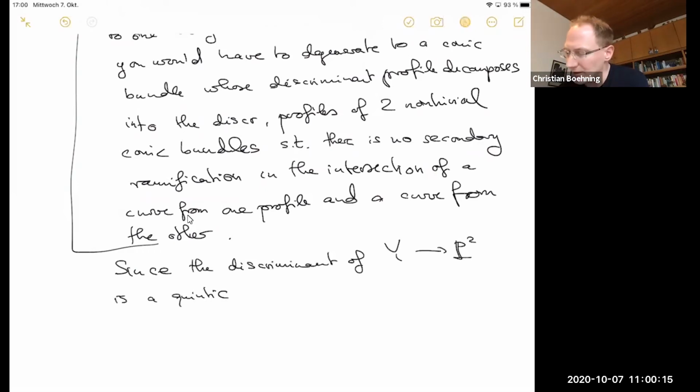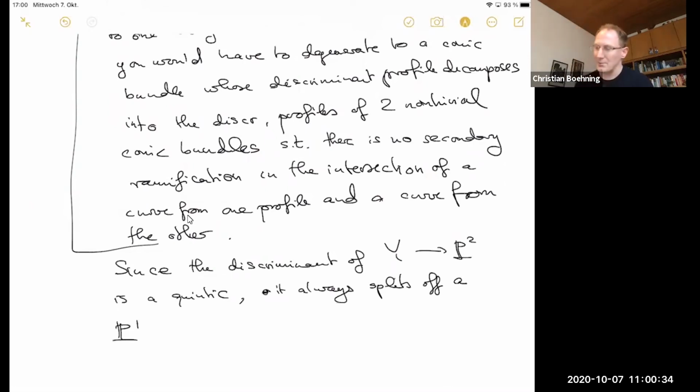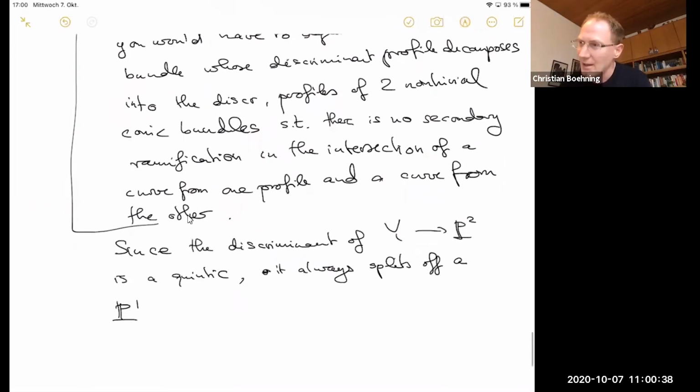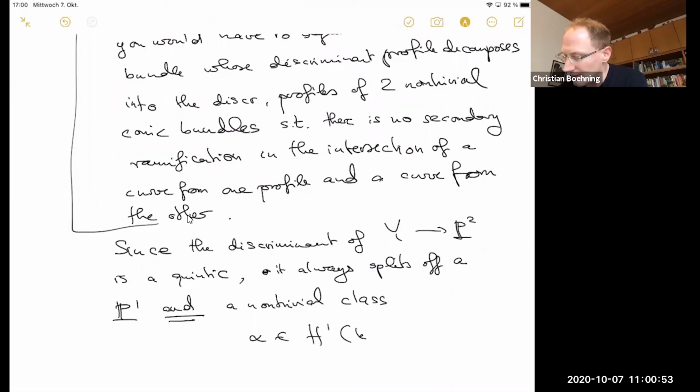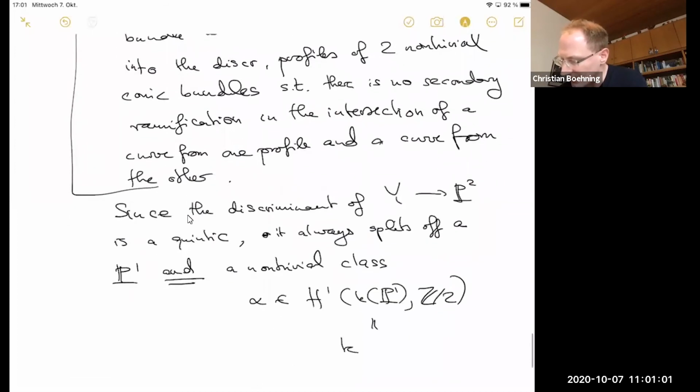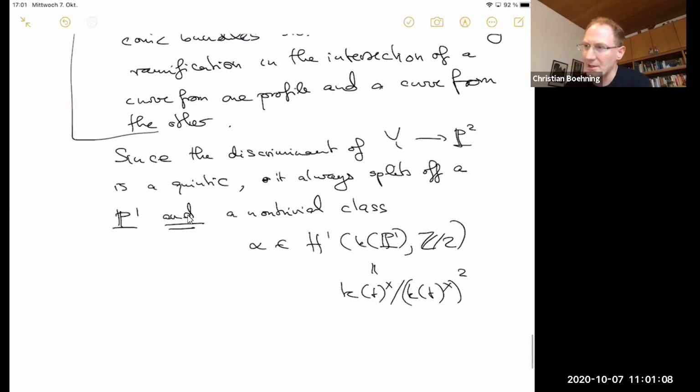well, there are two things that happen. It always splits off something isomorphic to P1, either a conic or a line, just by degree reasons, and the other catch is that a non-trivial class alpha, say in H1 of K of P1 with Z mod 2 coefficients, so in just Galois cohomology, this always has secondary ramification in at least 2 points.